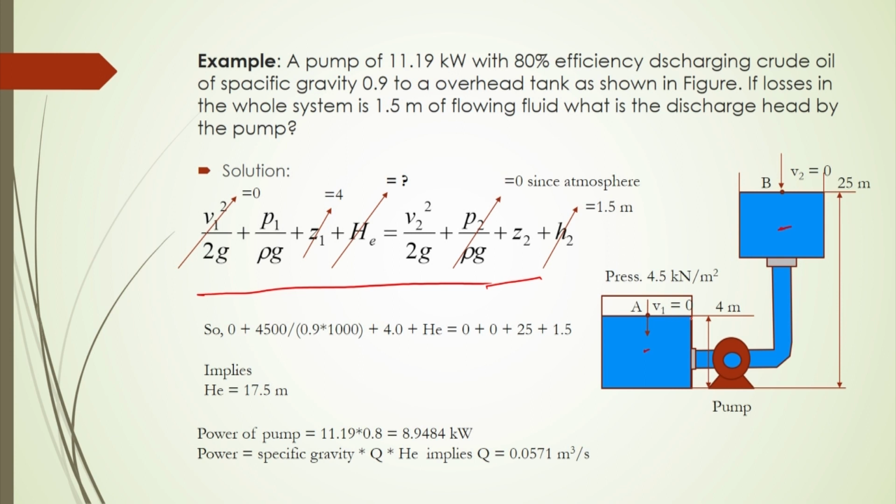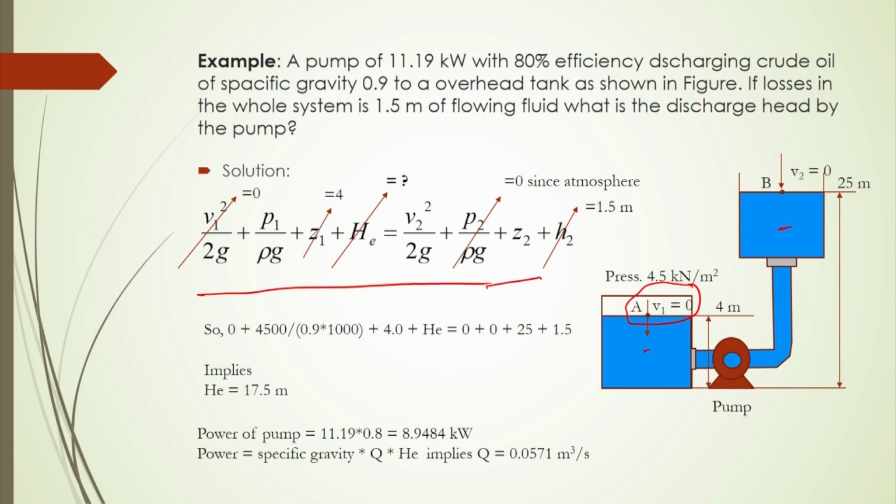So V1 will be 0 here, and V2 you have to find out. Z1 is given to you as 4 meter, whereas Z2 is given as 25 meter, and the P1 value is also given to you.